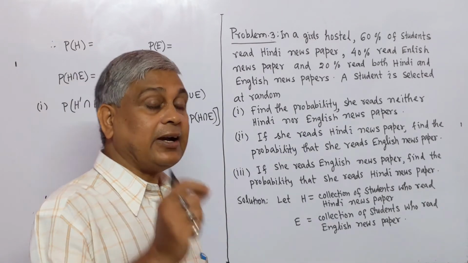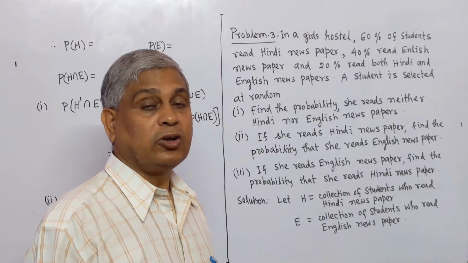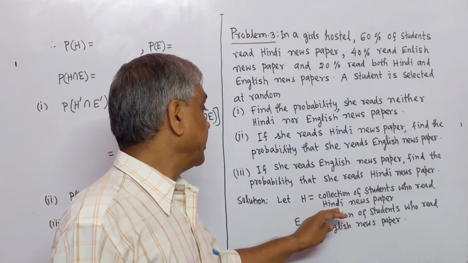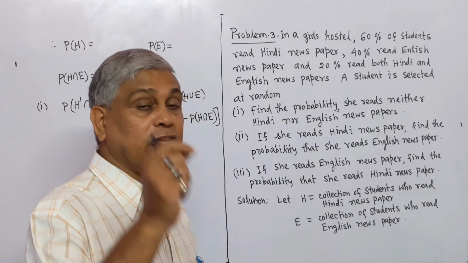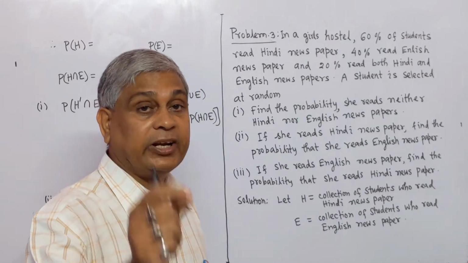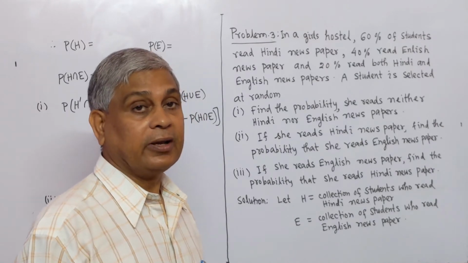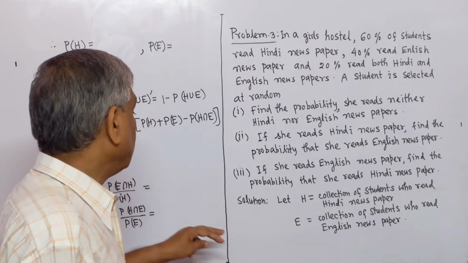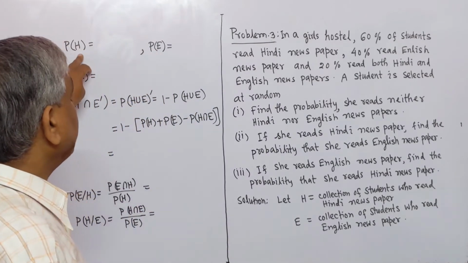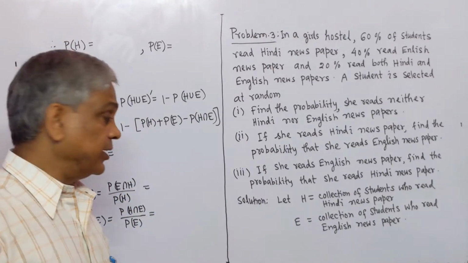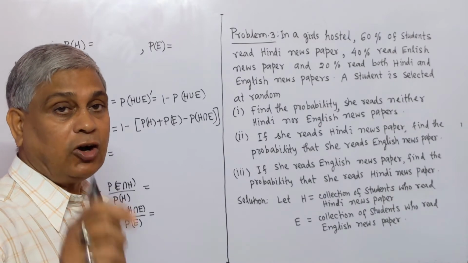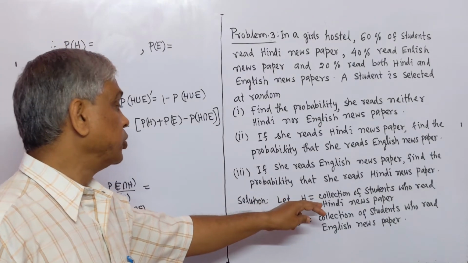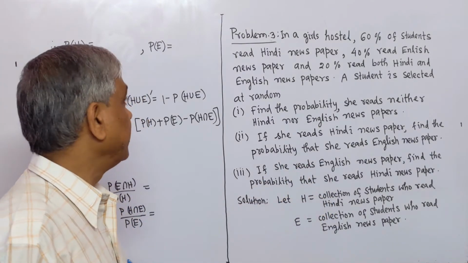Let H be the collection of students who read Hindi newspaper, E be the collection of students who read English newspaper. Now, probability of H. Here H is an event which is the collection of students who read Hindi newspaper.